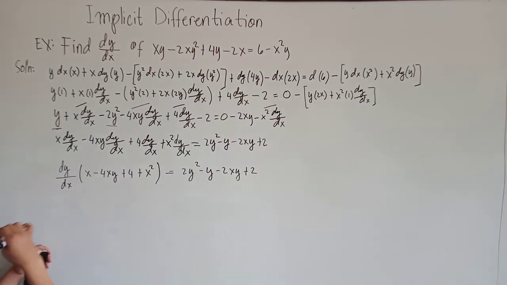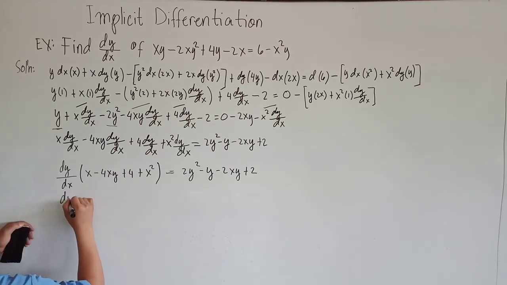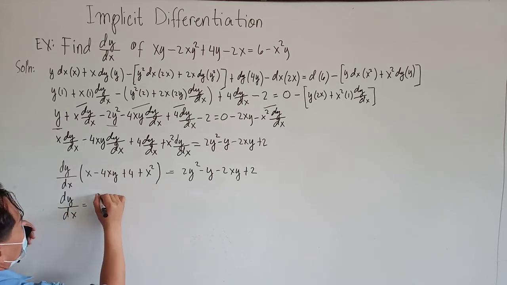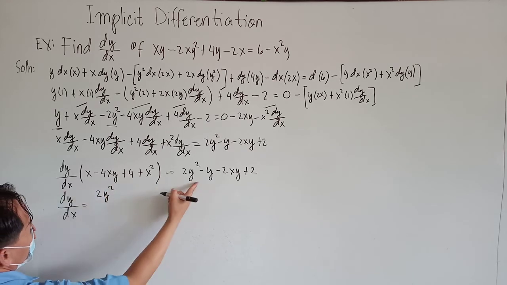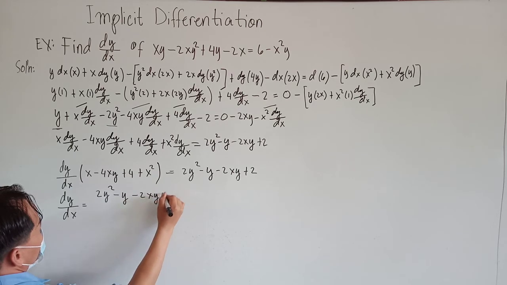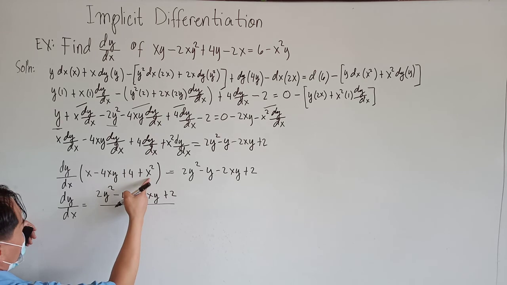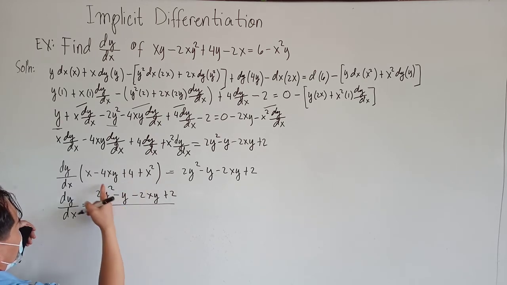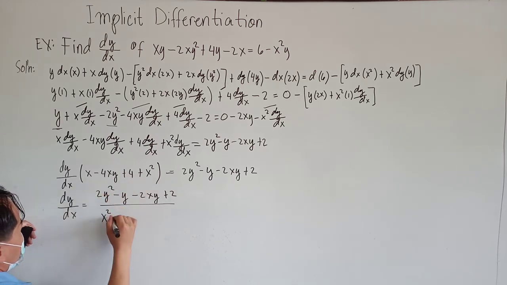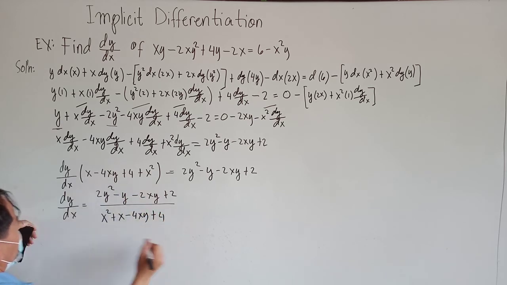Next, we divide both sides by all of these quantities. dy over dx is equal to 2y squared minus y minus 2xy plus 2 over all of these quantities. We can write first x squared, then plus x minus 4xy, then plus 4.